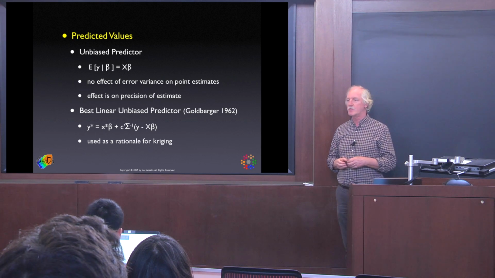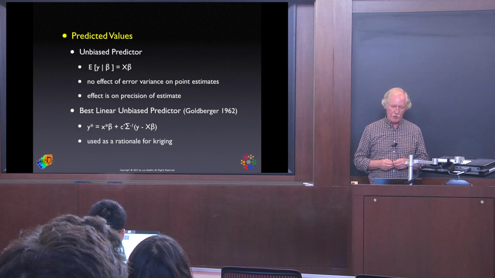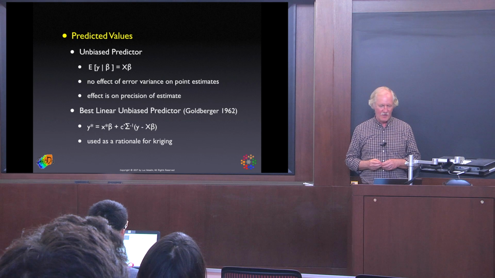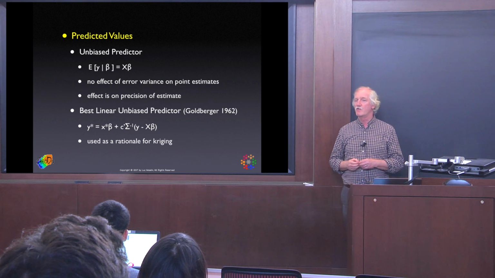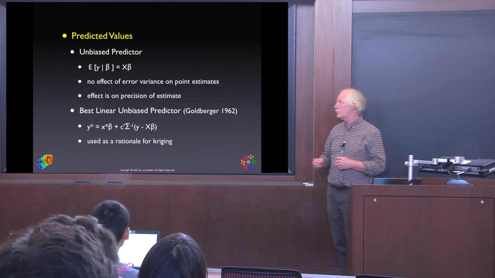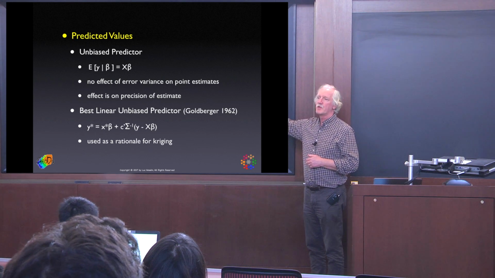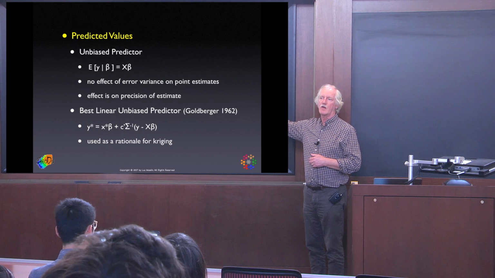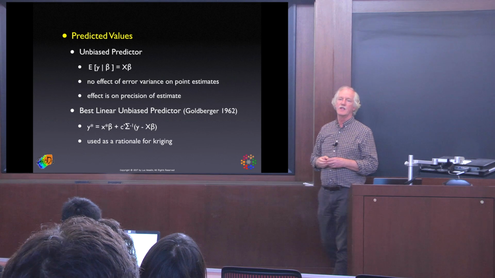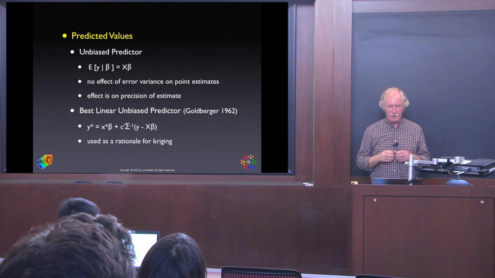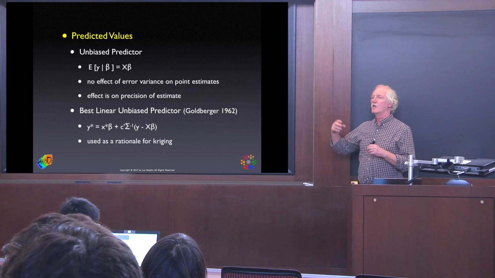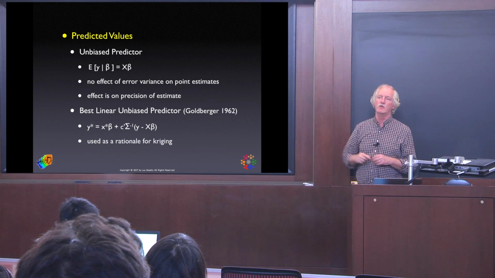And there's a very famous paper by Goldberger a long time ago on the notion of a best linear unbiased predictor, which takes into account, through the second term, the structure of the error variance covariance matrix. So the sigma inverse is the variance covariance matrix, and the C part is the covariance between the observed data and the new data.